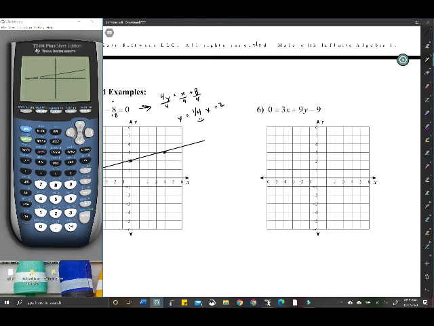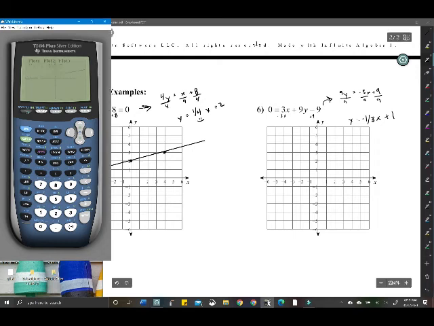Number 6. All right, so different options. Let's try and solve for y. So 9y is equal to, I would have subtracted 3x and added 9. Divided by 9. So this time, y is equal to negative 1/3 x plus 1. I'm going to just show you the calculator trick again. Okay, so negative 1/3 x plus 1.